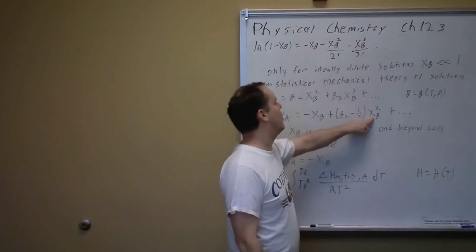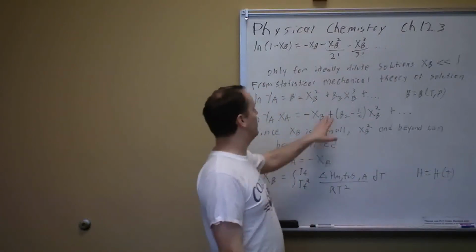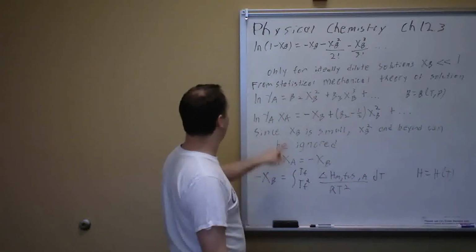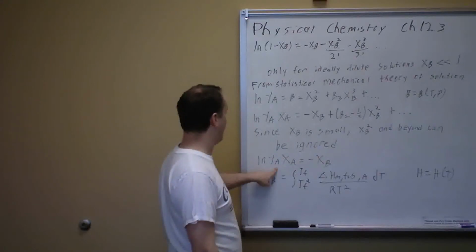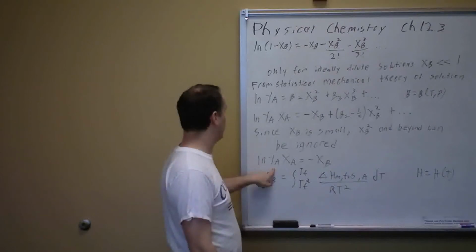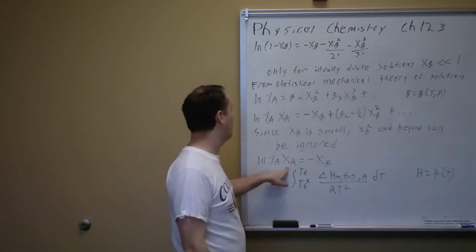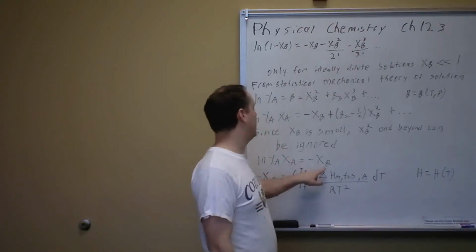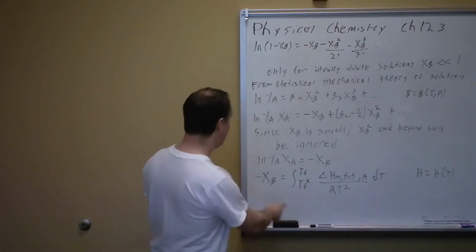So obviously xB squared is even smaller. So we're just going to ignore all these terms. So this simplifies to just the natural log of gamma of A chi A is equal to minus chi B. So the natural log of the activity coefficient of A times the mole fraction of A is equal to minus the mole fraction of B.